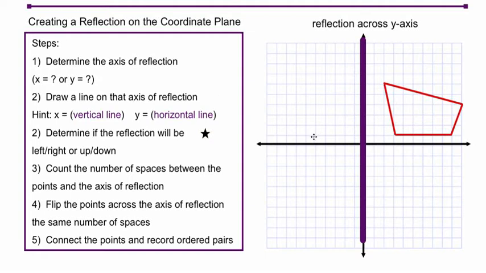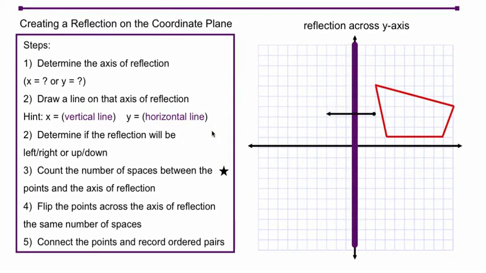Okay, determine if the reflection will be left, right, or up and down. Well, as you can see here, I'm going to be crossing this direction. I'm going to go from right to left. So that tells me where I'm going to have my new reflection. Count the number of spaces between the points and the axis of reflection. So I'm going to take each of these 4 points in the quadrilateral and count how far away I am from that axis of reflection.